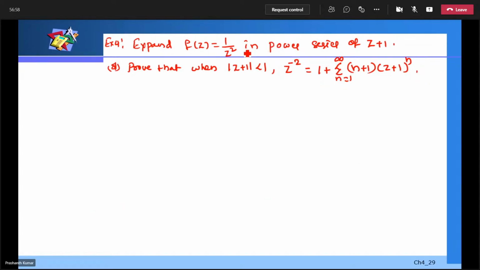Either, so these both are same, but in terms of another way it is written.